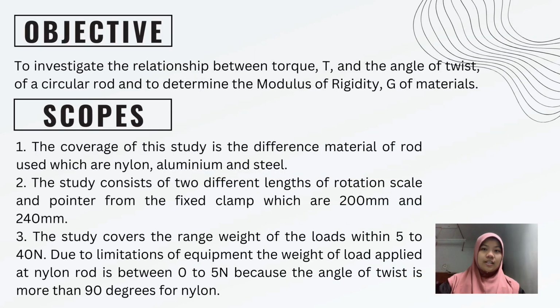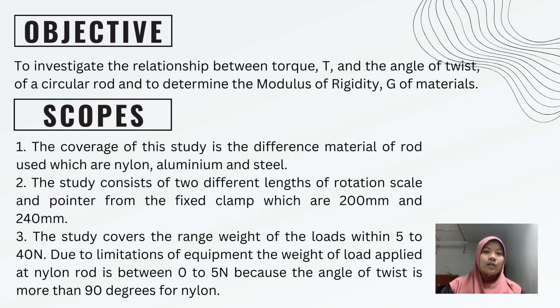The objective of this experiment is to investigate the relationship between torque and the angle of twist of a circular rod and to determine the modulus of rigidity of the materials. There are three scopes for this experiment. The first is the different materials of rod used, which are nylon, aluminium, and steel.